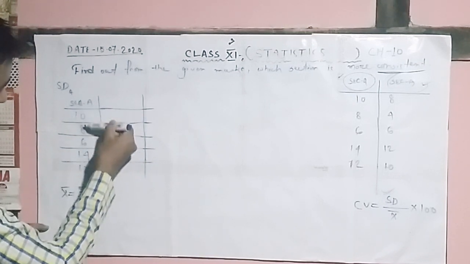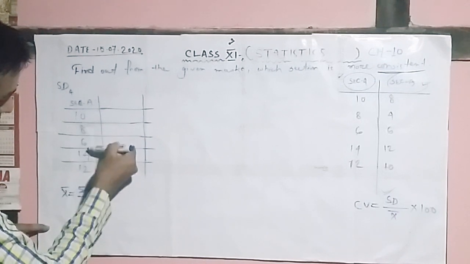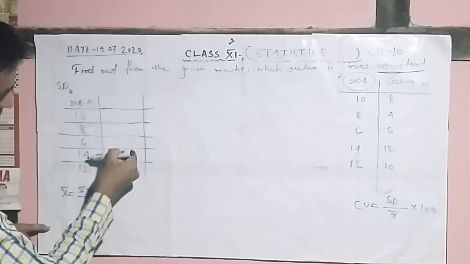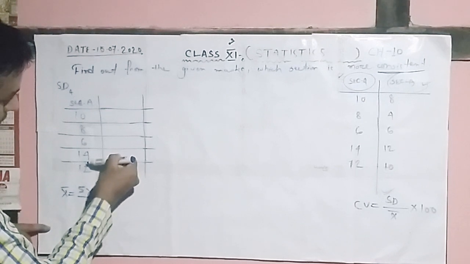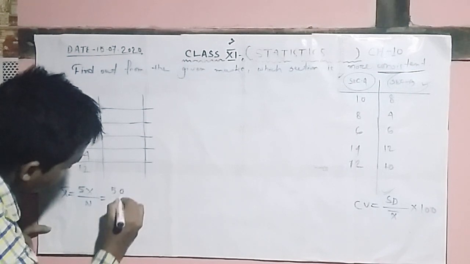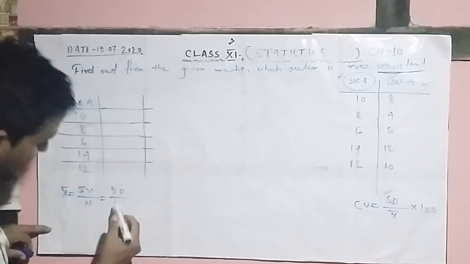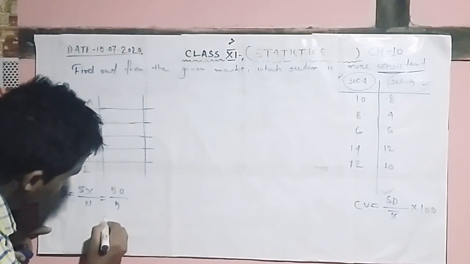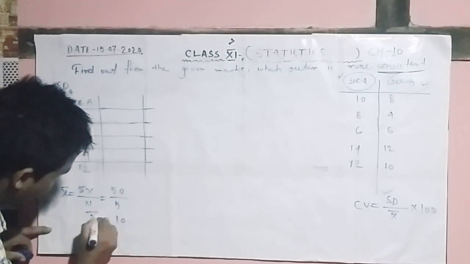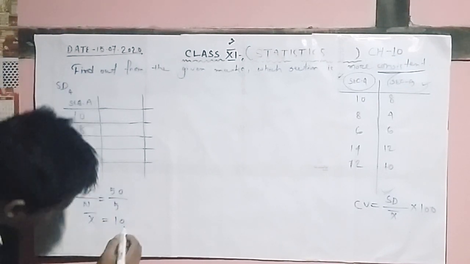So 10 plus 8 is 18, then 18 plus 6 is 24, then 24 plus 14 is 38, and then 38 plus 12, what will be the total? That is 50. So 50 divided by the total number of students, which is 5. So 50 divided by 5 equal to 10. So x bar equal to 10. Now the arithmetic mean, that is the average value, x bar, is 10.